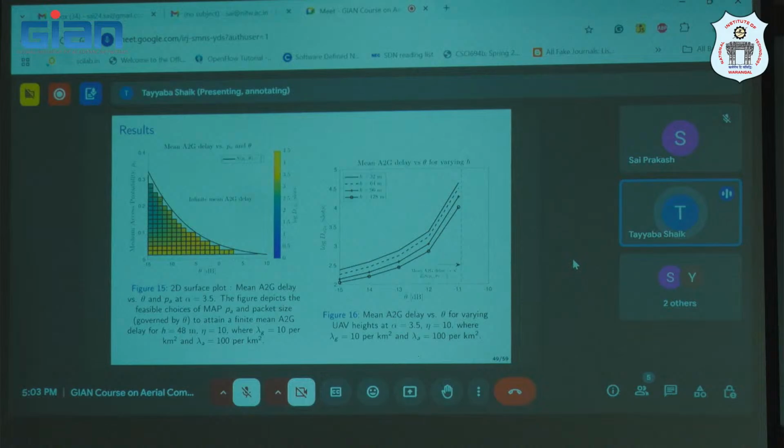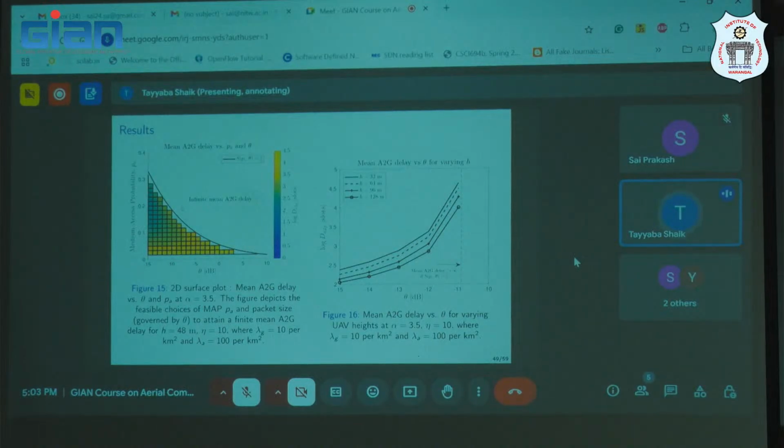These contradicting results ask you to design the network carefully, considering the base station density and the height of the UAV. The result here is for A to G, and PA is the probability with which a UAV is picked or not. The same result follows here.